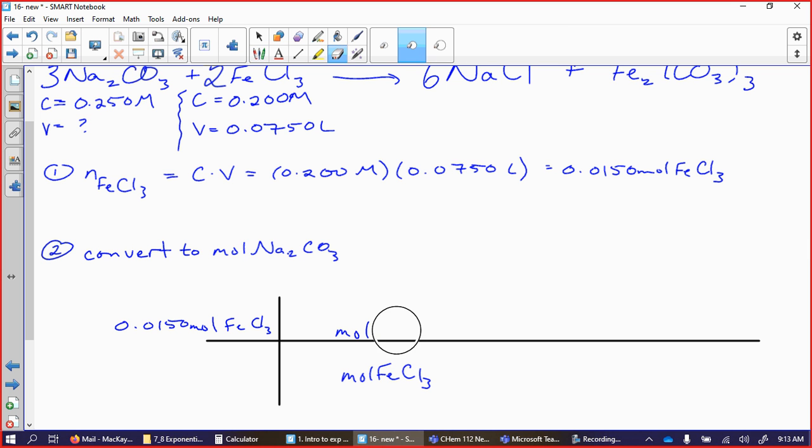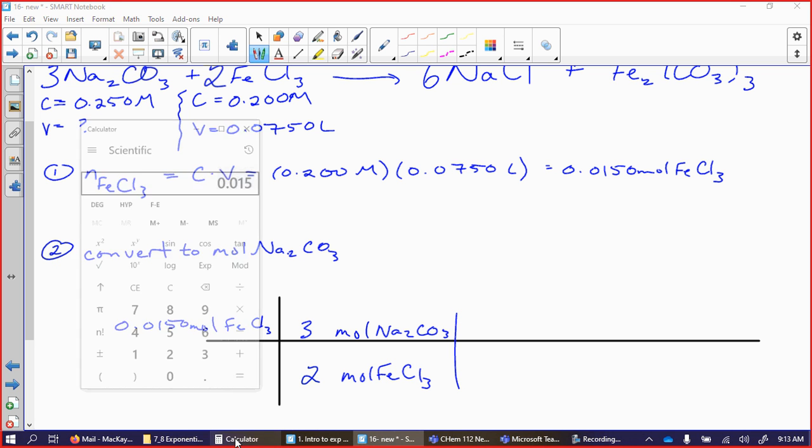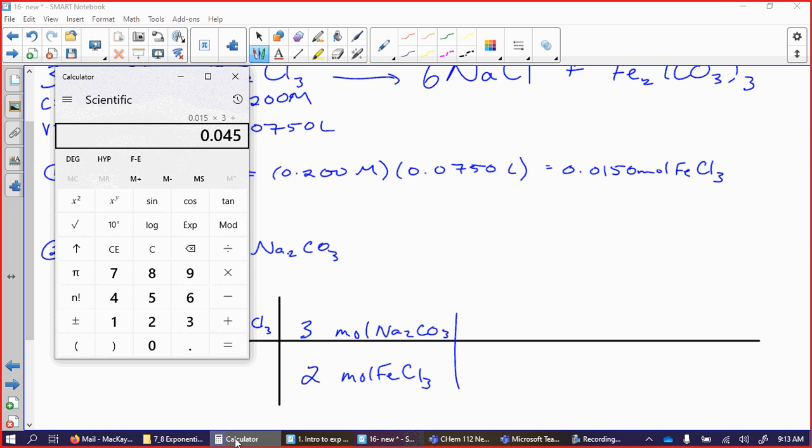Why am I writing iron twice? There's a 2 there. There's a 3 there. So we have a slightly different ratio, but times 3 divided by 2 is 0.0225 moles sodium carbonate.